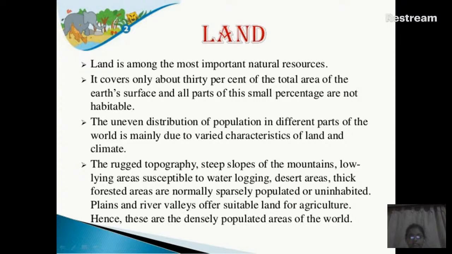Next, the uneven distribution of population in different parts of the world is mainly due to varied characteristics of land and climate. Rugged topography, steep slopes of the mountains, low-lying areas susceptible to waterlogging, desert areas, and thick forested areas are normally sparsely populated or uninhabited.